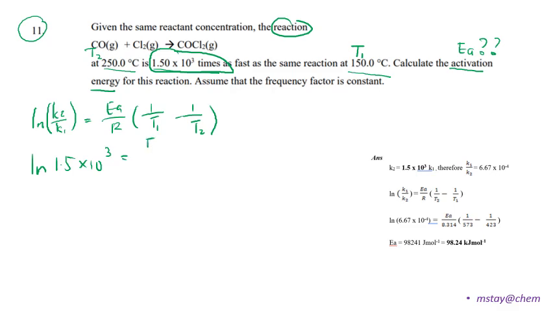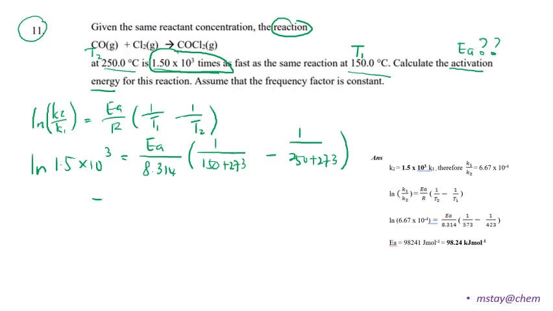That's why the ln K2 over K1 we can substitute with 1.5 exponent 3, equal to EA, which we have no idea, over R, the gas constant 8.314, times 1 over T1. In this case T1 is 150 degrees Celsius. Remember, convert them to Kelvin. And for T2 it is 250 plus 273.